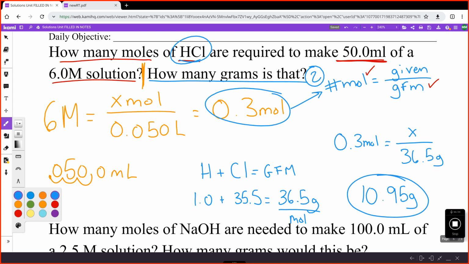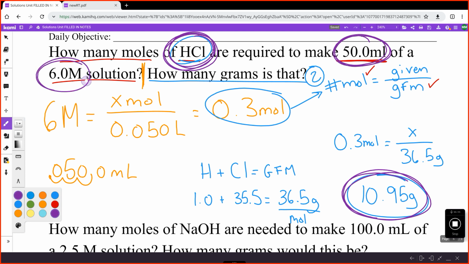And here's what that all means. I'm going to try and make this make sense. If we put 10.95 grams of HCl into 50 milliliters of water, we would have a concentration of 6 molar.